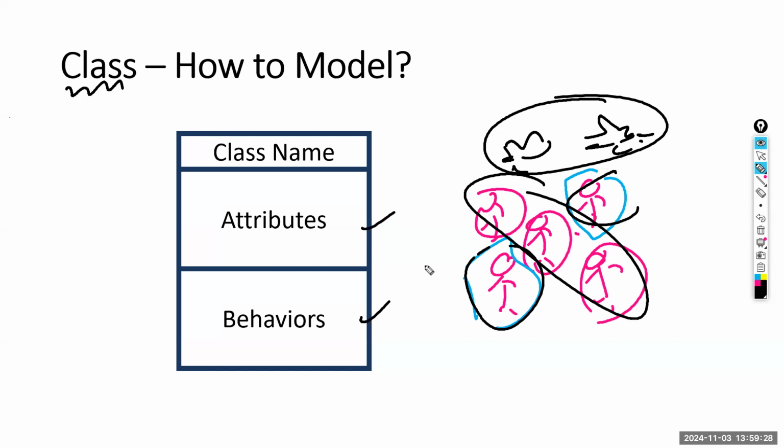Because a class models a set of similar objects, to represent all the account objects you can create an account class. To represent all the student objects, you can create a student class. If a student object has attributes and behaviors, those must be modeled in your class as well. So your class can have the class name, your attributes and behaviors separately.